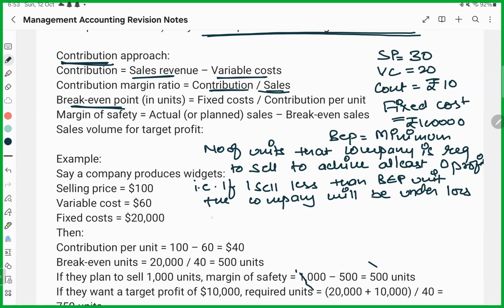If I sell more than break even units, the company will be in profit.